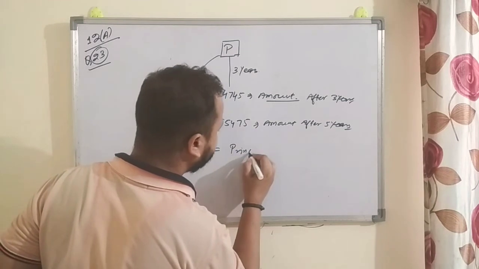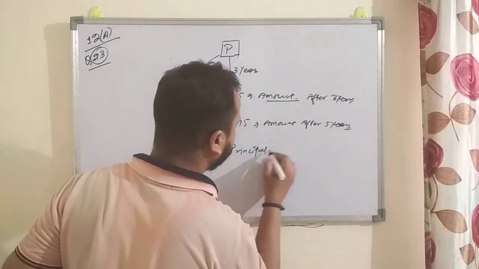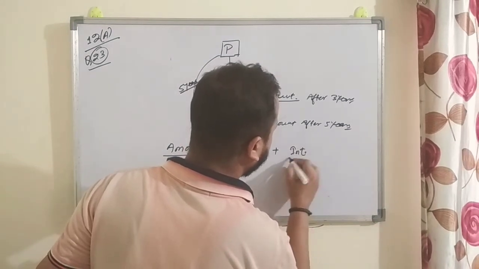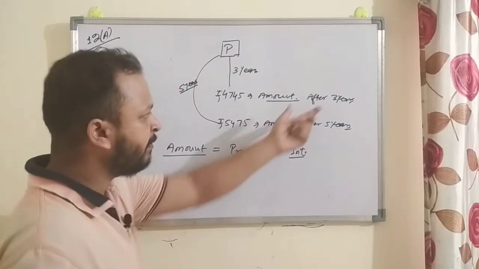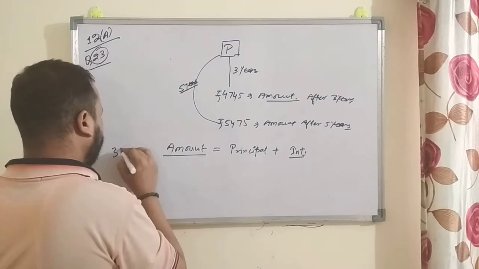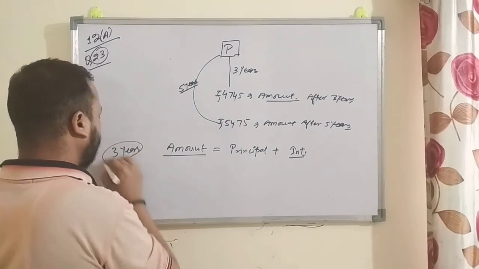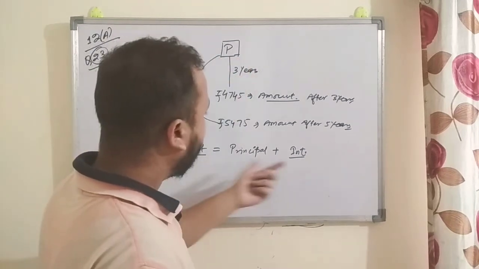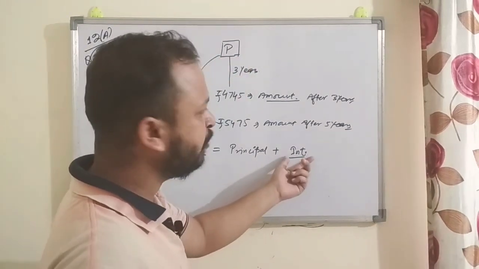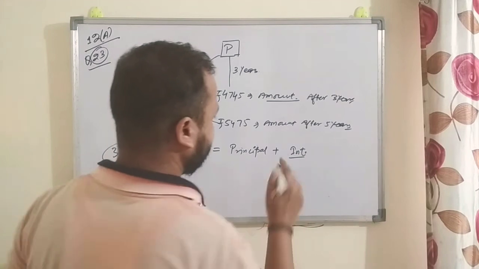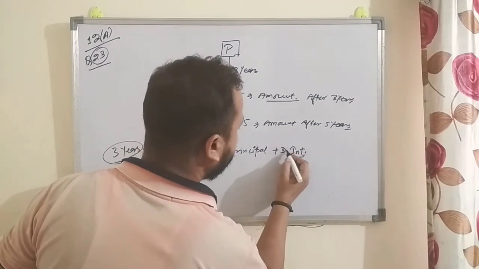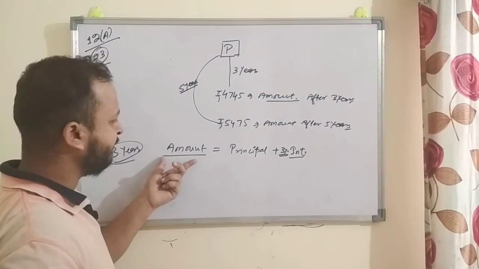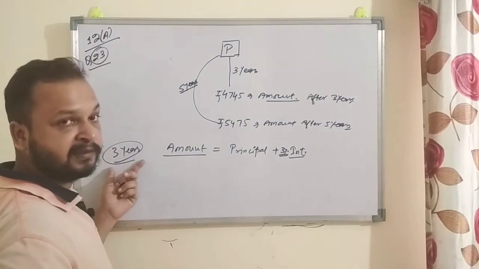Principal plus interest. So in the 3 years case, the principal is the same, and you got the interest for 3 years. So 3 years interest plus principal will become the amount for 3 years, right?